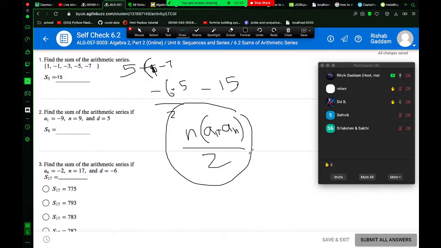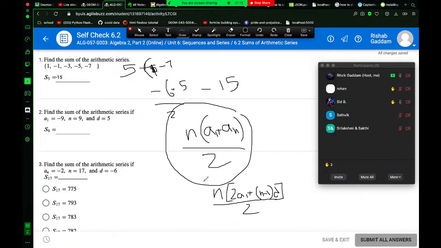But you could have also used this formula, and there would have been nothing wrong. So let me just use that as an example. Here it's 2 times A1 plus N minus 1 times D, all of it times N divided by 2. So let's use this formula to show that this also works.